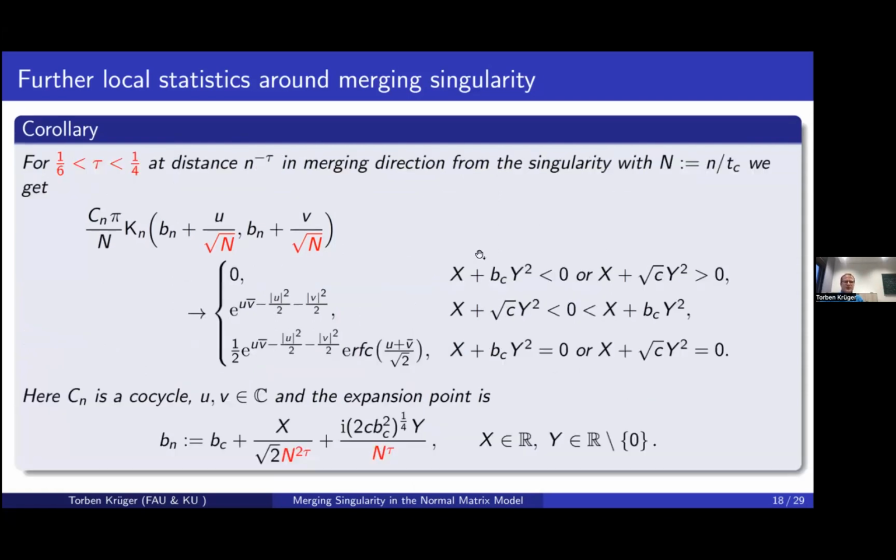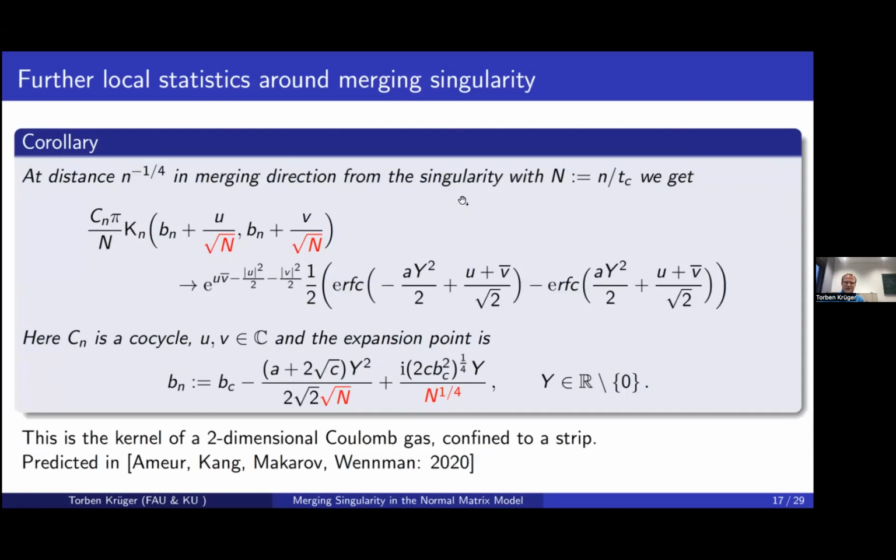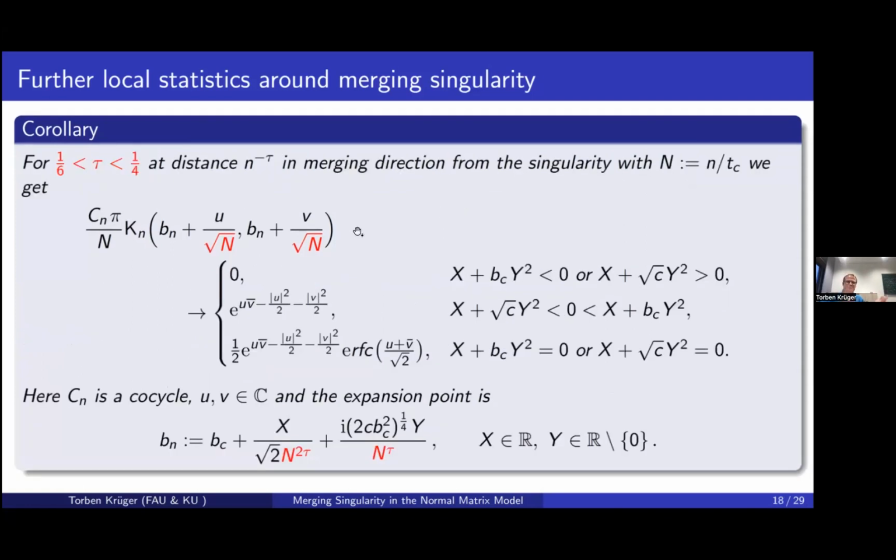Okay, so this is the kind of rich behavior in this situation, and now you can also go further away from the singularity, and then the behavior starts to become the one that you would also predict from just looking at the Ginibre ensemble. So if you go to a mesoscopic distance, even further away from the singularity, then you have basically three choices.